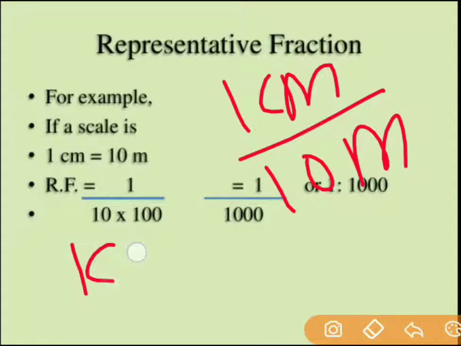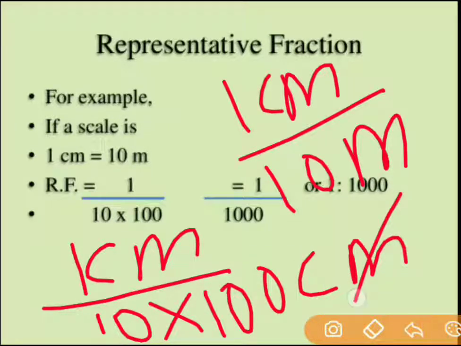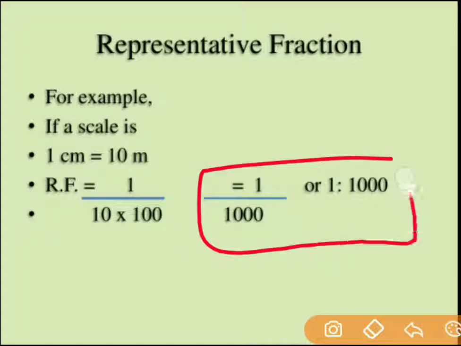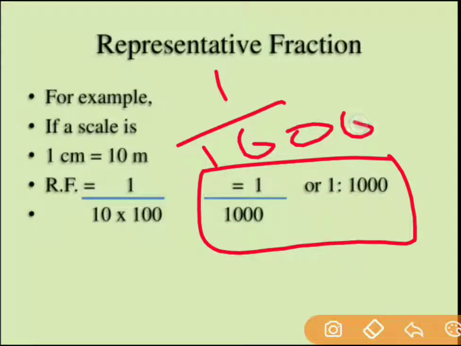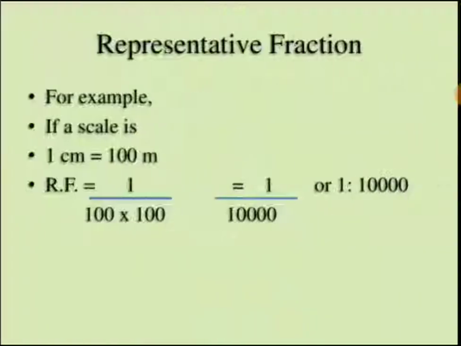Clear. So 1 meter is equal to how many centimeters? 100 centimeters, right? Here centimeter gets cancelled. 1 by 1000, or 1:1000. So this value is known as RF, 1 by 1000 or 1 is to 1000, right?